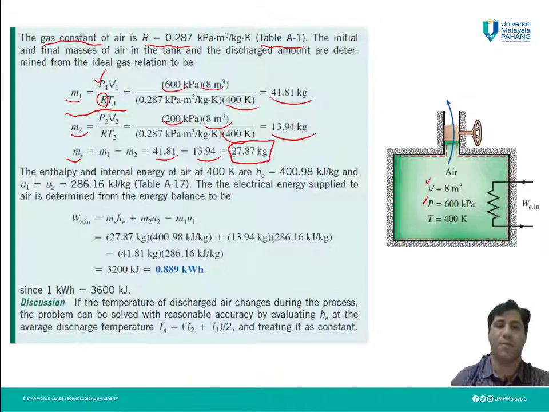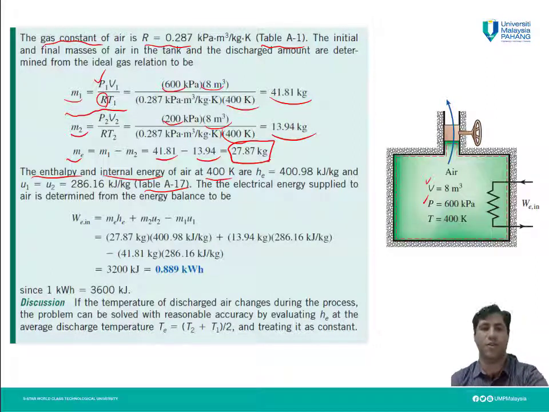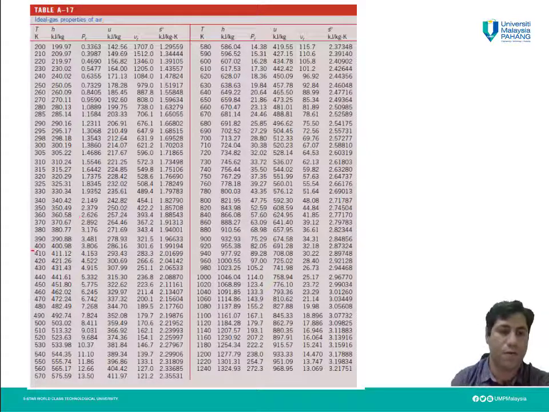To find these properties, we can go to the table of enthalpy and internal energy of air. During this discharging process, the temperature is constant at 400 Kelvin. Then if we go to table A17, for 400 Kelvin, we can find enthalpy, in the first column.